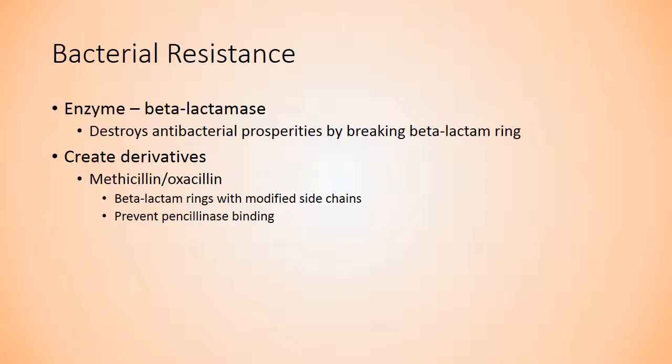Or oxacillin. What they have done to create a derivative of penicillin is modify the side chains on that beta-lactam ring. By modifying the side chains, that prevents the enzyme, which we called beta-lactamase, and here it could be either term, beta-lactamase or penicillinase.